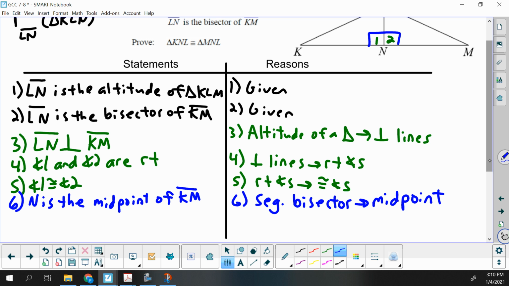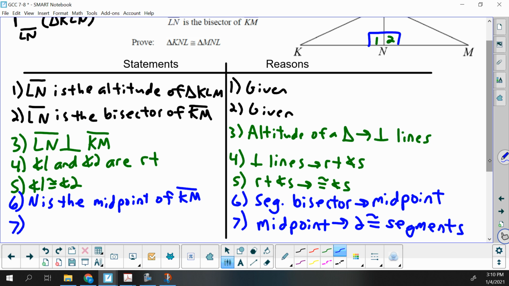We just talked about midpoint in this statement. So next reason, we should use our midpoint reason. Midpoint implies two congruent segments. We're pointing at two congruent segments, so state which segments are congruent.